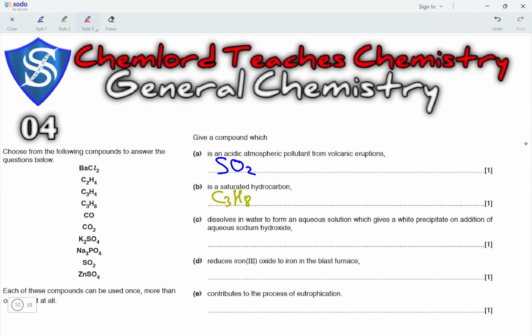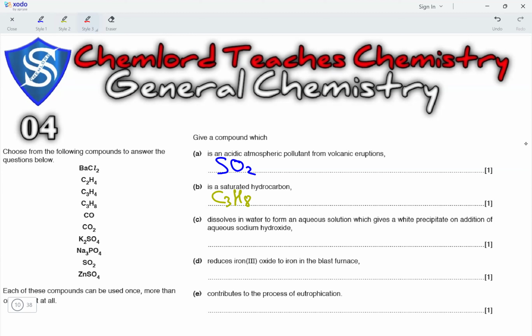Which dissolves in water to form an aqueous solution which gives a white precipitate on addition of aqueous sodium hydroxide? So the hydroxide that forms, which is a white precipitate, would be that of zinc hydroxide.